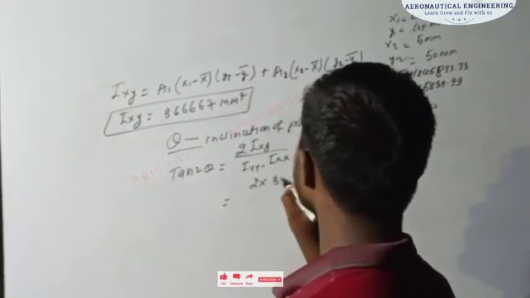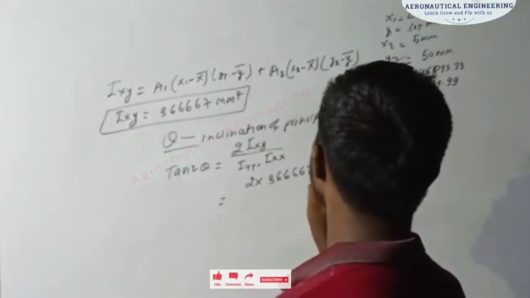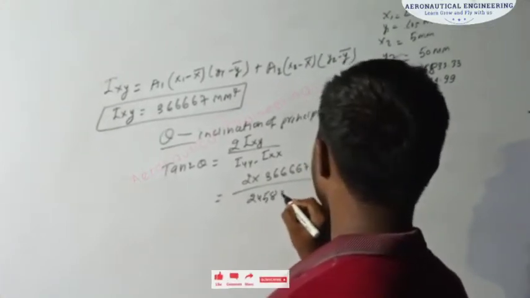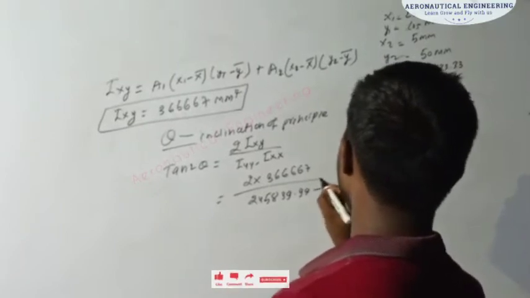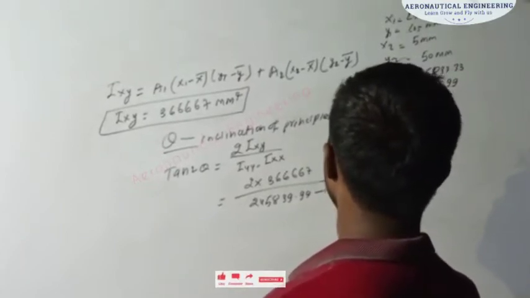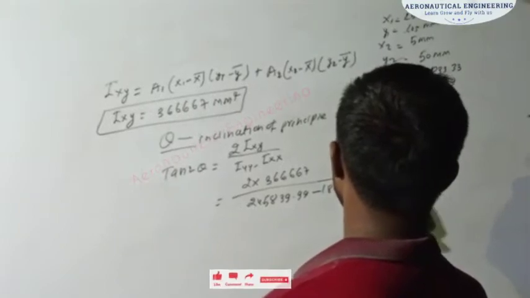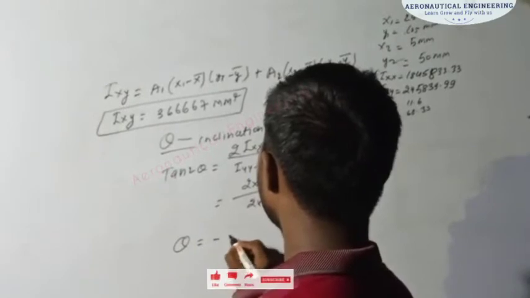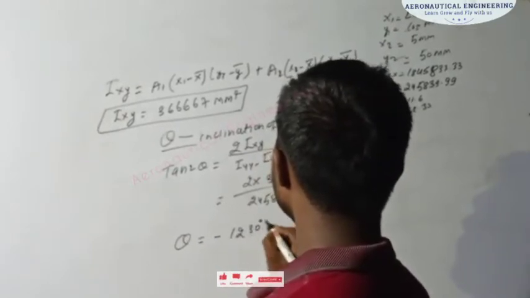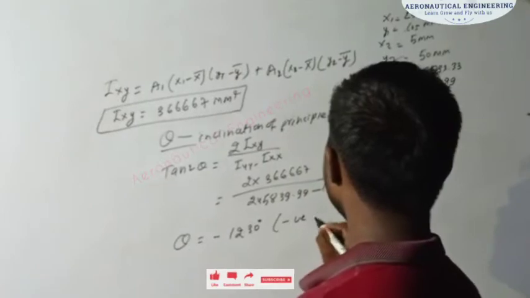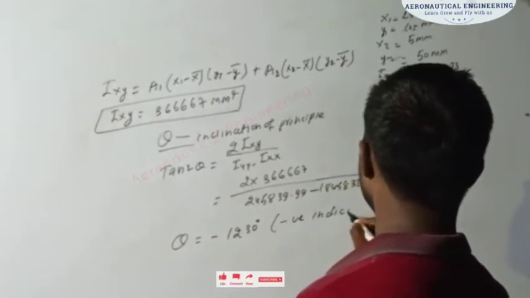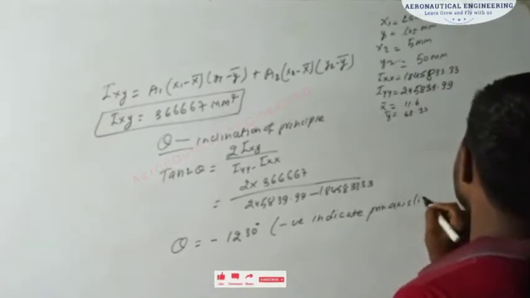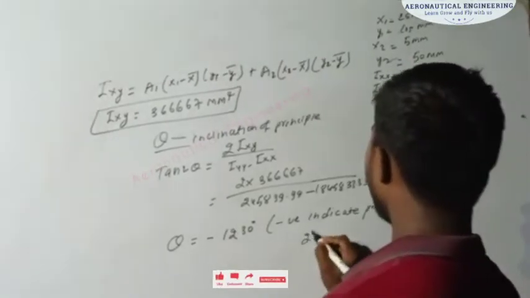So 2 times 36667 upon Iyy value 245839.99 minus Ixx value 1845833.33. If you calculate theta from here, you will get minus 12.30 degrees. Here the negative sign indicates the principal axis lies in the second quadrant.